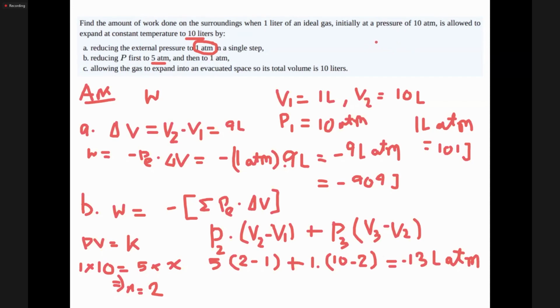We have a gas which is in a G1 state, which is going ultimately to a G2 state. So from G1 to G2, we have two paths. One is path A and another is path B. In path A, G1 to G2 is accompanied by a direct change in pressure from 10 atmosphere to 1 atmosphere. So it was firstly in a 10 atmosphere phase.